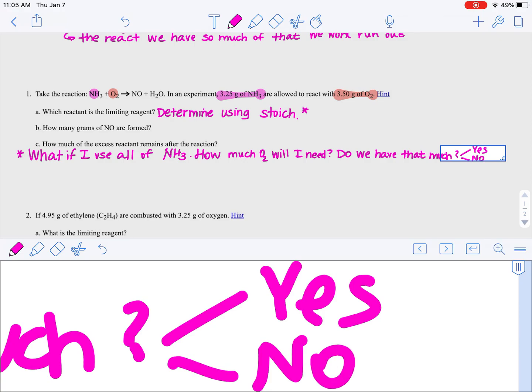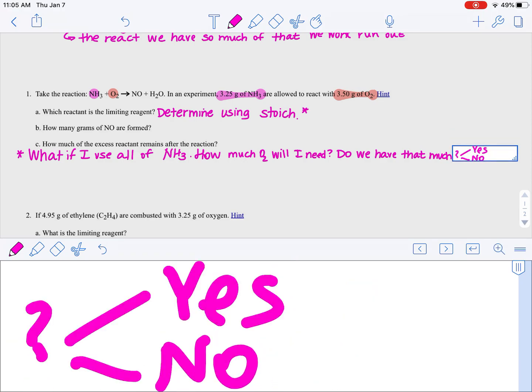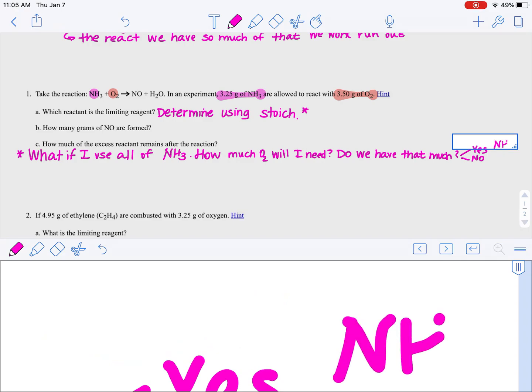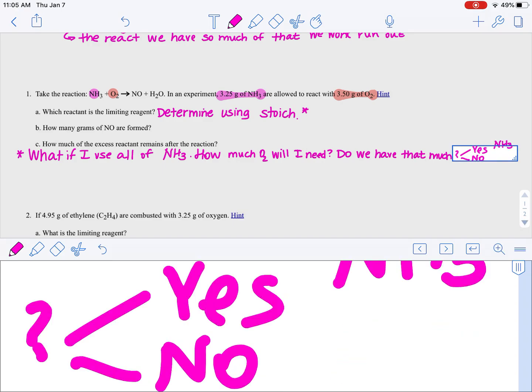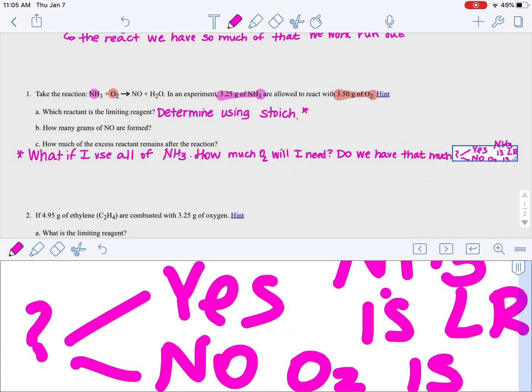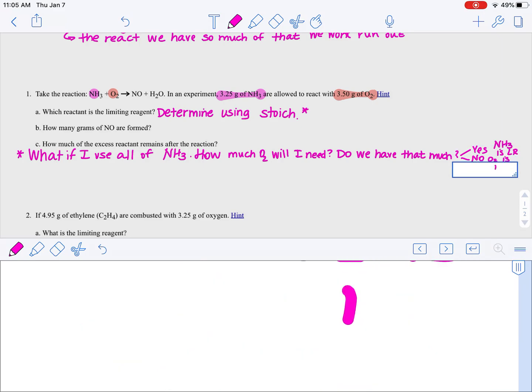The answer to that question is either yes or no. If we do have that much, then the NH3 is the limiting reagent. If I don't have that much, then oxygen is the limiting reagent.